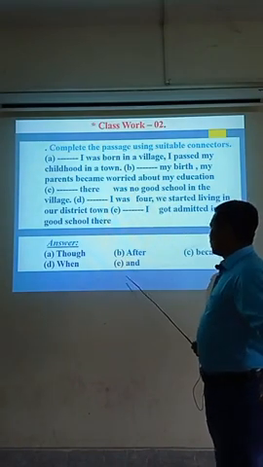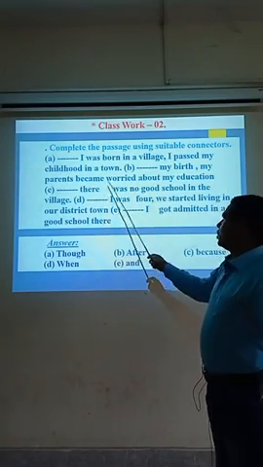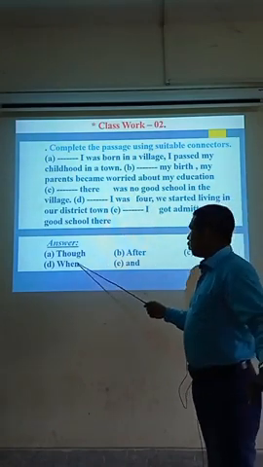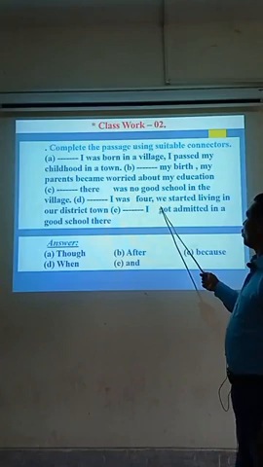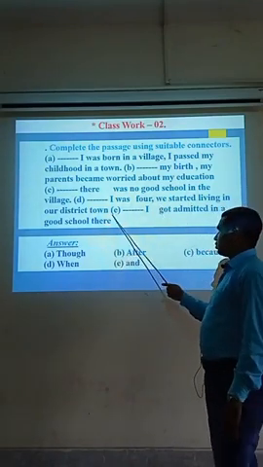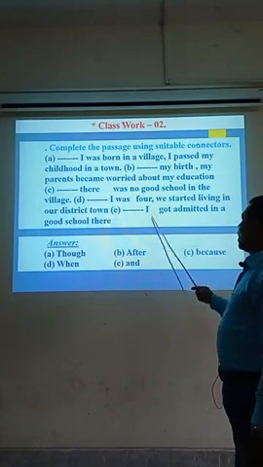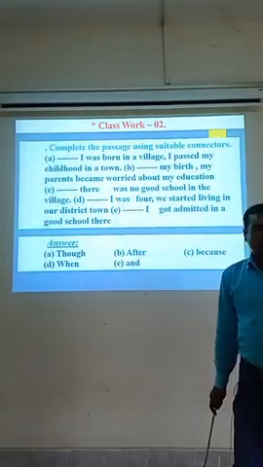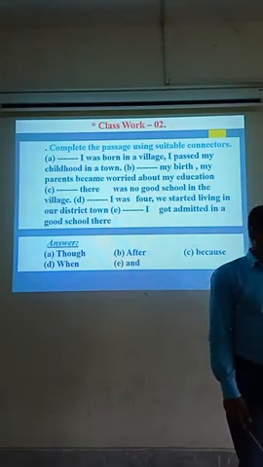Number C. Because there was no good school in the village. Number D. When I was 4, we started living in our district town. Number E. And I got admitted in a good school there. So these are the answers for these gaps.